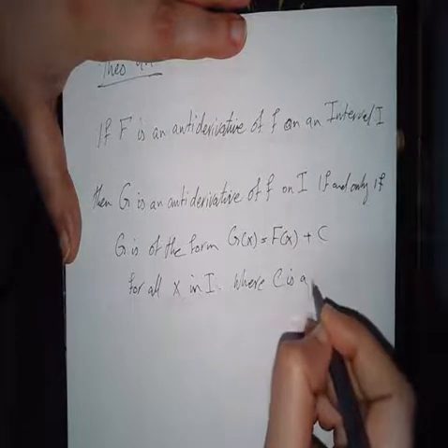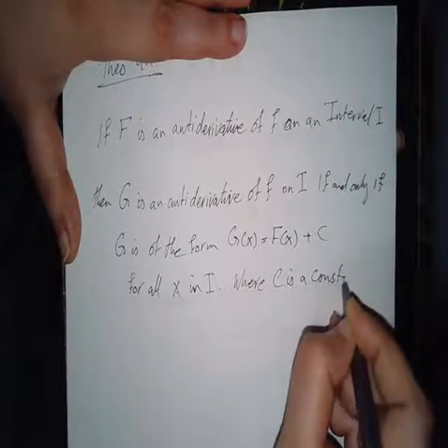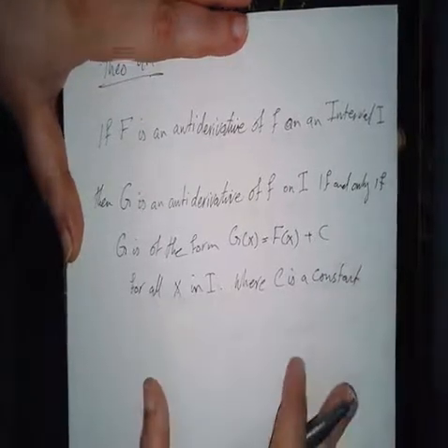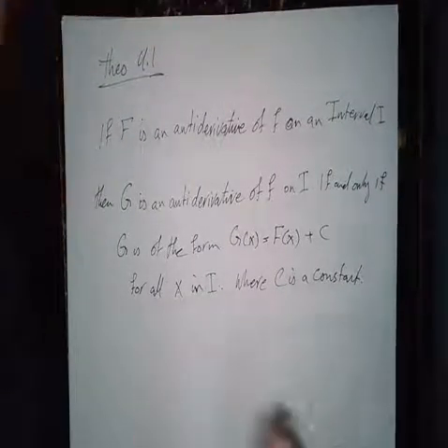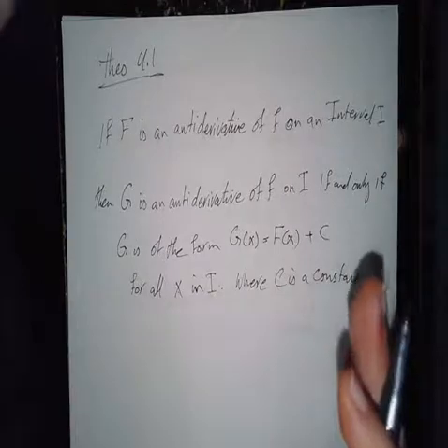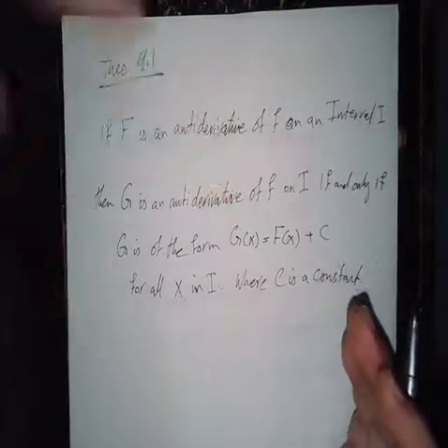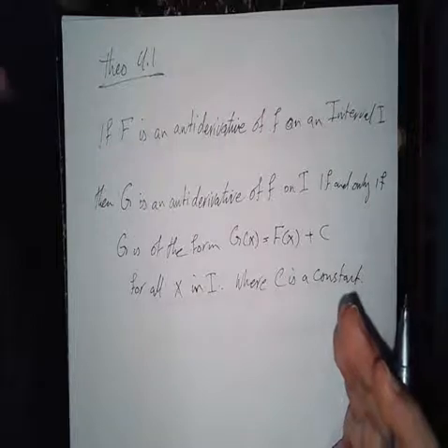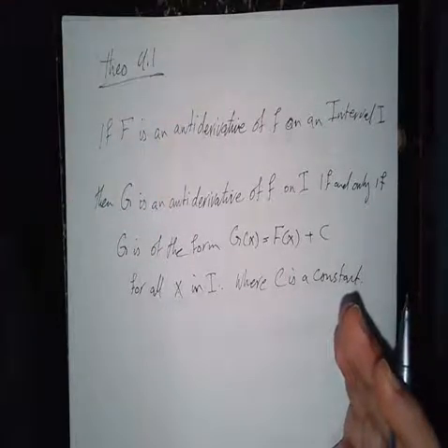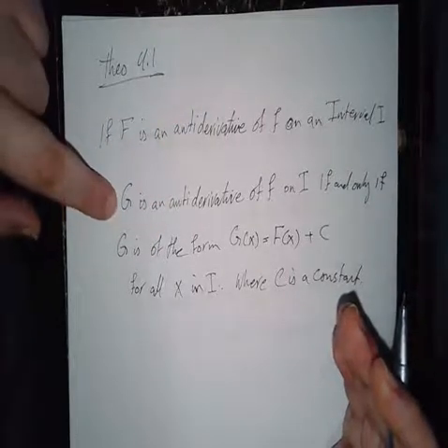C is a constant. So this theorem basically says what I just explained to you guys, where we saw three different functions. All of them have the exact same derivative, f of x, but they were somewhat different. F of x itself was just x cubed. Let's call the other two g of x.